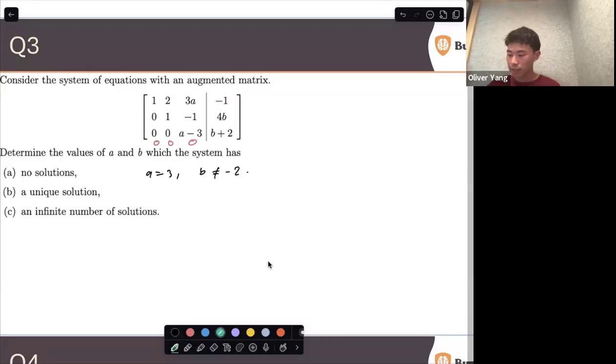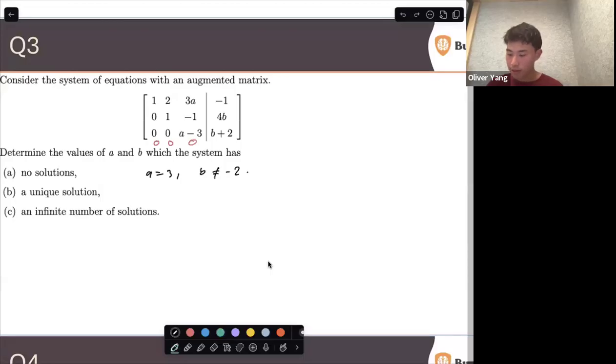Because if we subbed in -2 in here, that would give us our infinite number of solutions. But we want no solutions, because no solutions means it doesn't make sense. In this case, it means 0 plus 0 plus 0 equals -2.